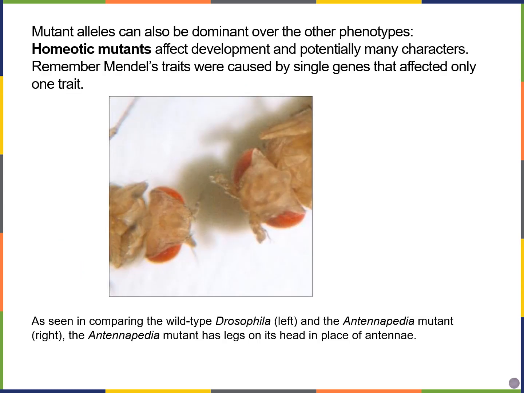In my previous examples, cystic fibrosis and sickle cell anemia, the mutant alleles were recessive. But that's not always the case. Mutant alleles can also be dominant over the other phenotypes, including the wild type phenotype. This might occur when the mutant allele somehow interferes with a normal gene, so that even a heterozygote with a single wild type allele still expresses the mutant phenotype.